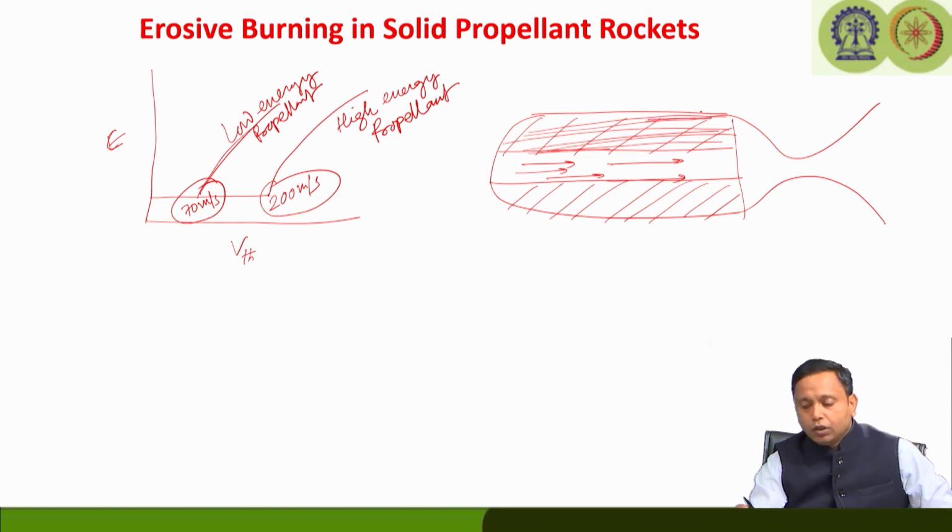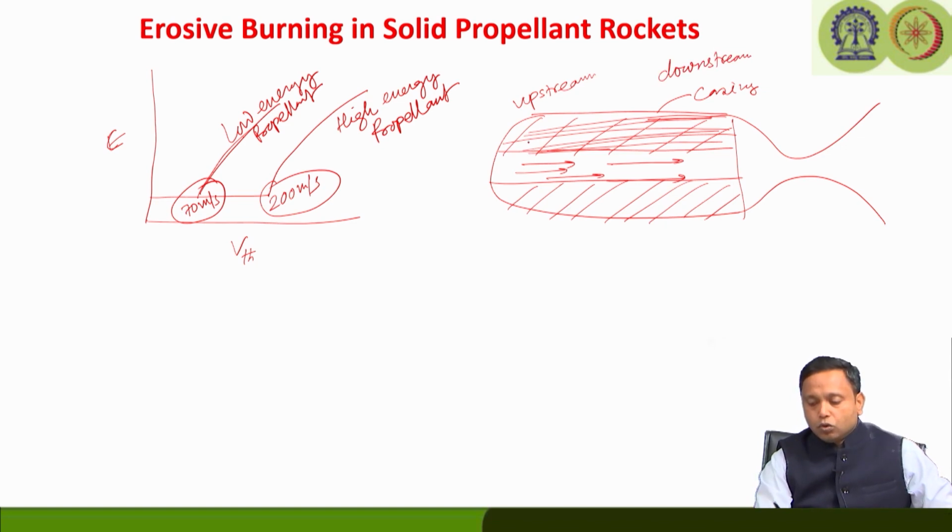This is the motor casing, this is the upstream side and this is the downstream side. Due to the erosive nature of the burning, the upstream part will still have some propellant, whereas the downstream part reaches the motor casing.